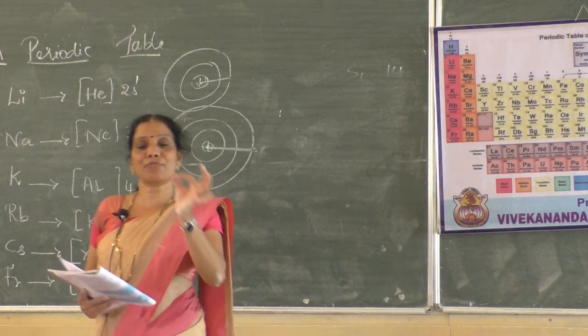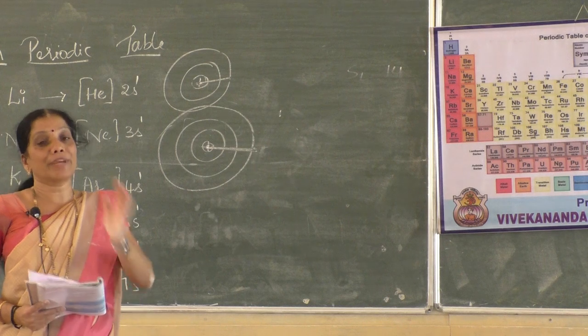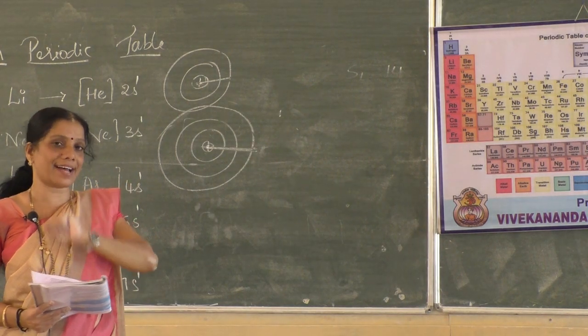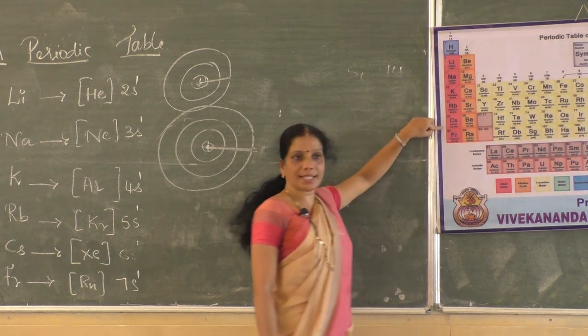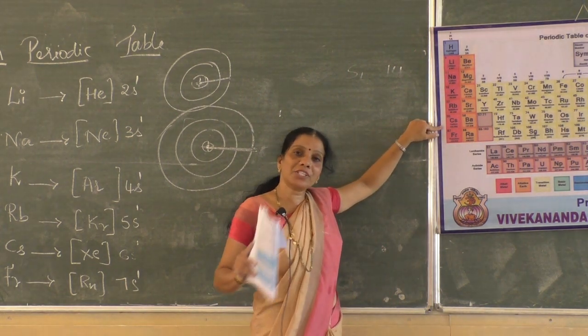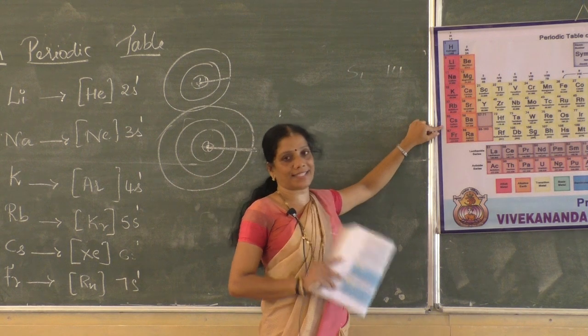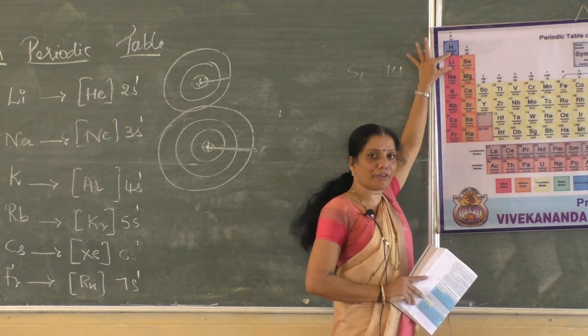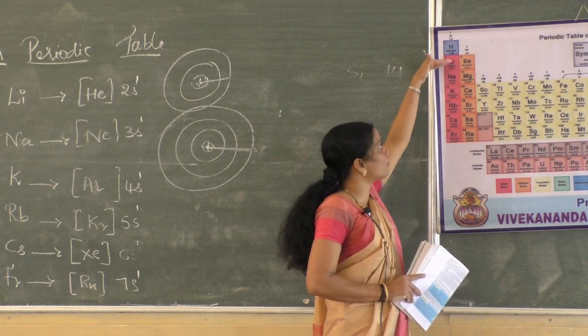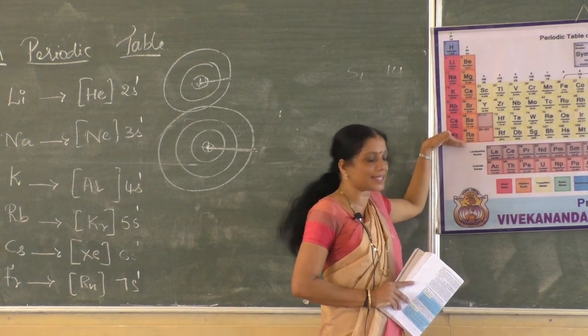Hence in this first group, which element has got a small size? See, from lithium to cesium they have given. Which element has got the smallest size? Lithium has got a small size. Clear for you? Because down the group from top to bottom size goes on increases.